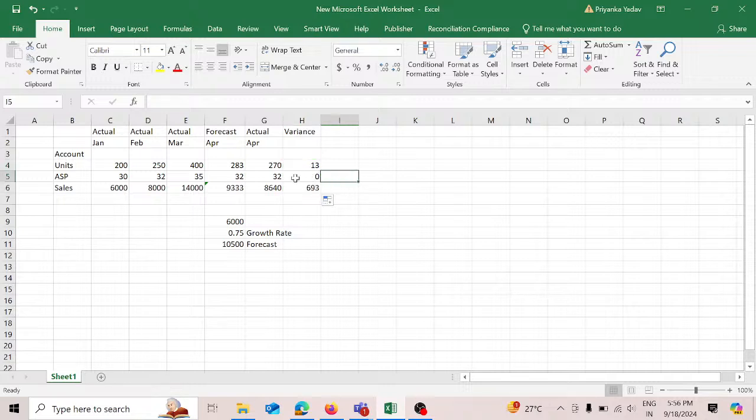Although the average selling price is the same, the number of units sold is less. So you can see there is a variance of 693 USD.